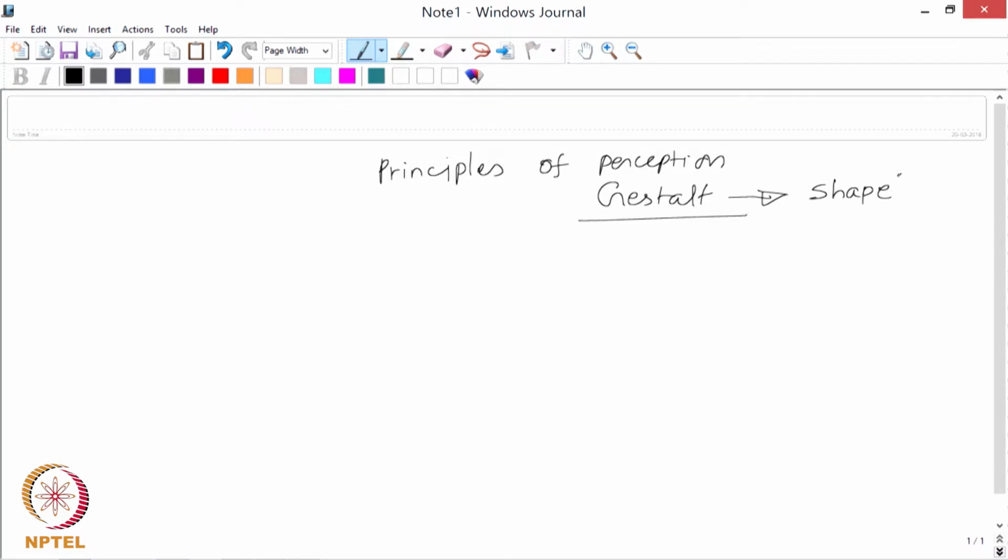When we are perceiving things, an image or a haptic object or sound, we are not looking at the components of the visual picture or what we are touching. We are looking at the shape of it. Essentially, we are talking about the form of it. The entirety is what we are looking at.